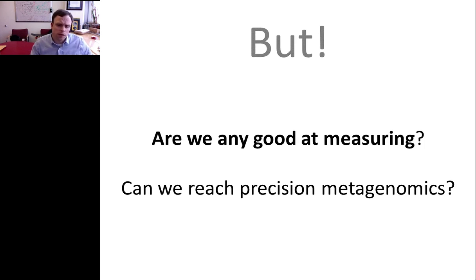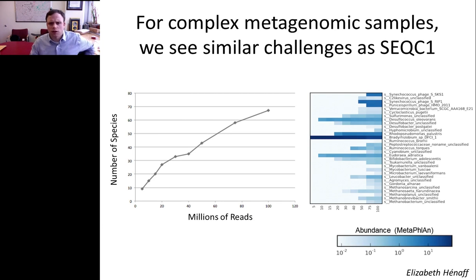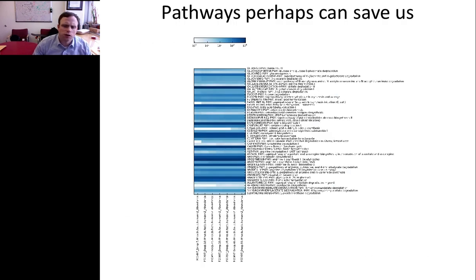One interesting chart we've made, which we just published in a paper I'll talk about in a few slides, shows that if you change how deeply you sequence a sample and then subsample, you'll keep finding new species as you sequence deeper, very similar to the chart that we made for the FDA first study in 2014. What's interesting, though, is that if you do it based on pathway analysis of what's present, say, from human pathways, it gives you more consistency as a function of depth, but it's still not perfect.